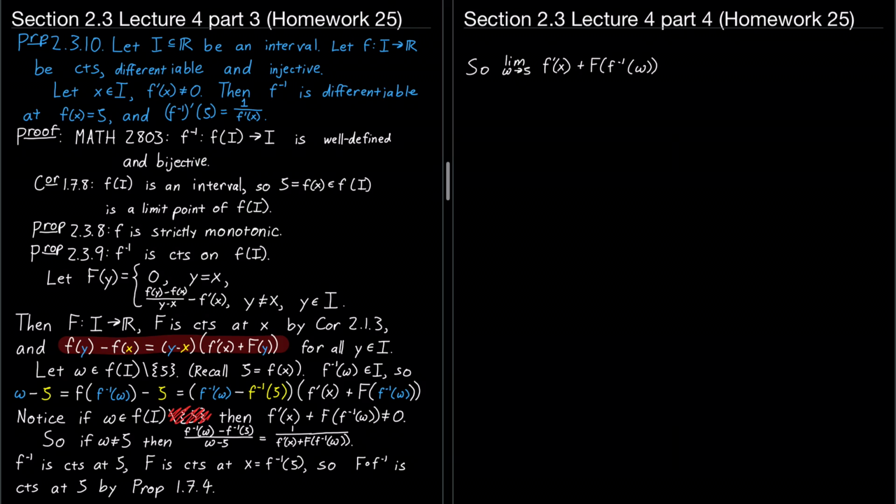Right, getting back to the main point, in this limit, f prime of x is just f prime of x because that's a constant as far as omega knows.